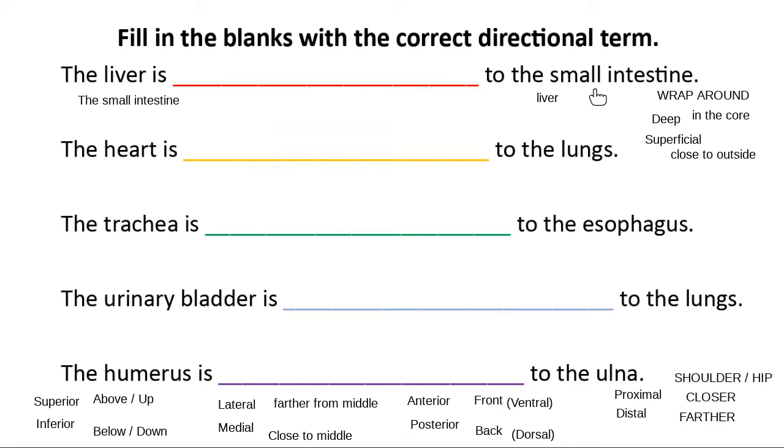Whenever we ask about body cavities, you always start with either the thoracic cavity, which is the chest, or the abdominopelvic cavity, which is everything under the diaphragm. Every organ that we ask you to say its location in the body, we're always going to start with one of those two big ones. Is it in the thoracic cavity or is it in the abdominopelvic cavity? Well, in the case of all the digestive system organs, they're definitely found in the abdominopelvic cavity. So both of these things are in the abdominopelvic cavity.